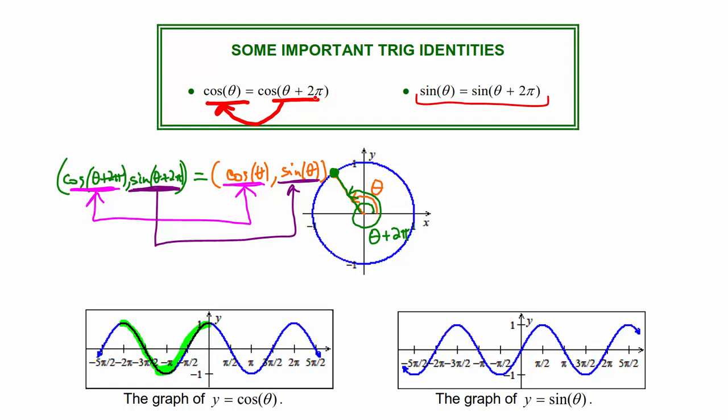And similarly with sine, it's basically saying the exact same thing. So we could highlight a period worth of the sine graph, use this portion of the sine graph, and then I can grab onto it and shift it to the left exactly 2 pi units, and it lands right back on the graph, suggesting that a shift to the left 2 pi units doesn't change the graph, gives us the same graph.